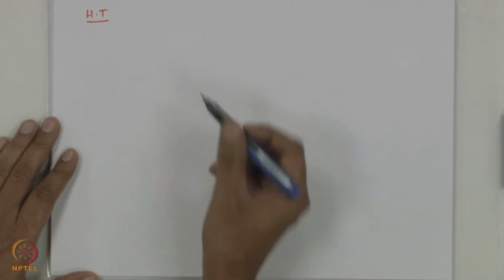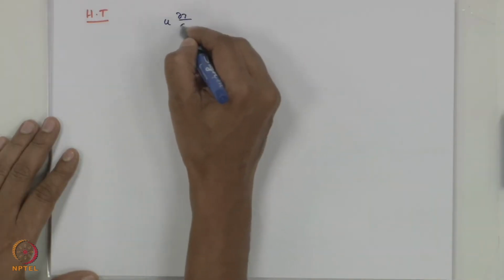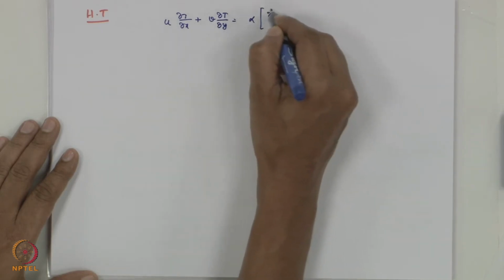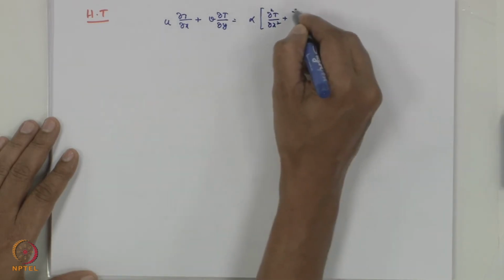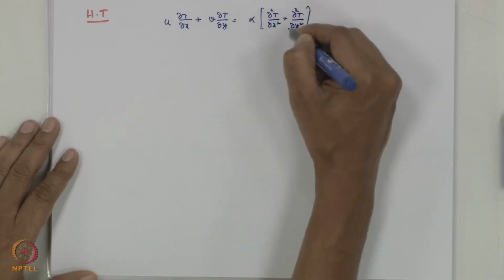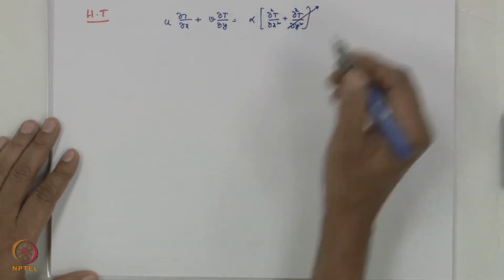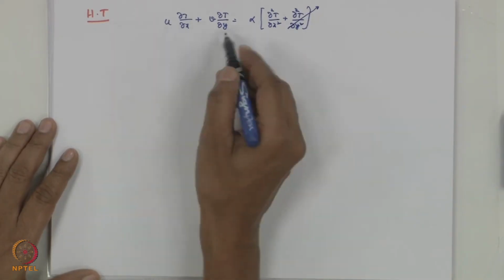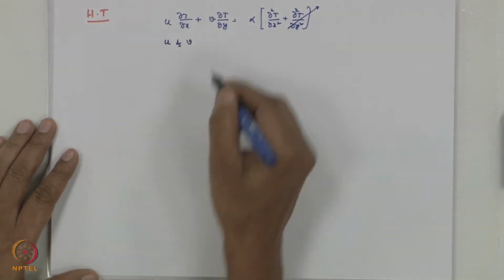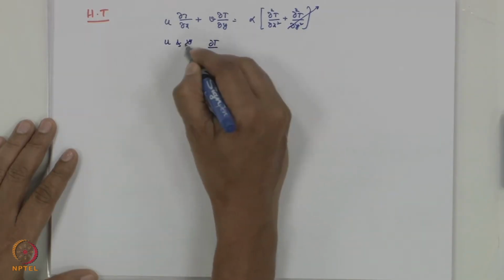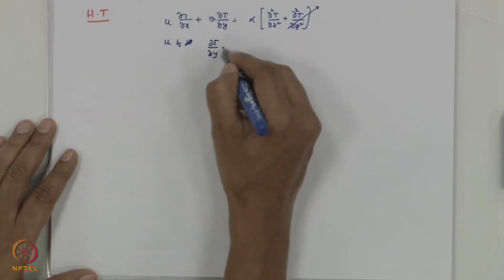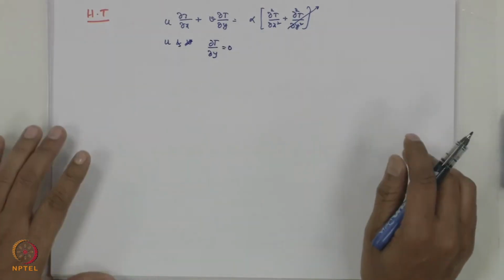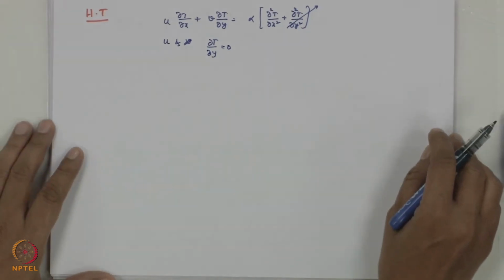If you take the energy equation, U del T by del x plus V del T by del y equal to alpha times (del squared T by del x squared plus del squared T by del y squared). This term is not important because the y scaling is very large. Now we are saying that the film velocity is very less, so we can neglect U and V, and del T by del y is negligibly small, because both the wall and the film are isothermal.